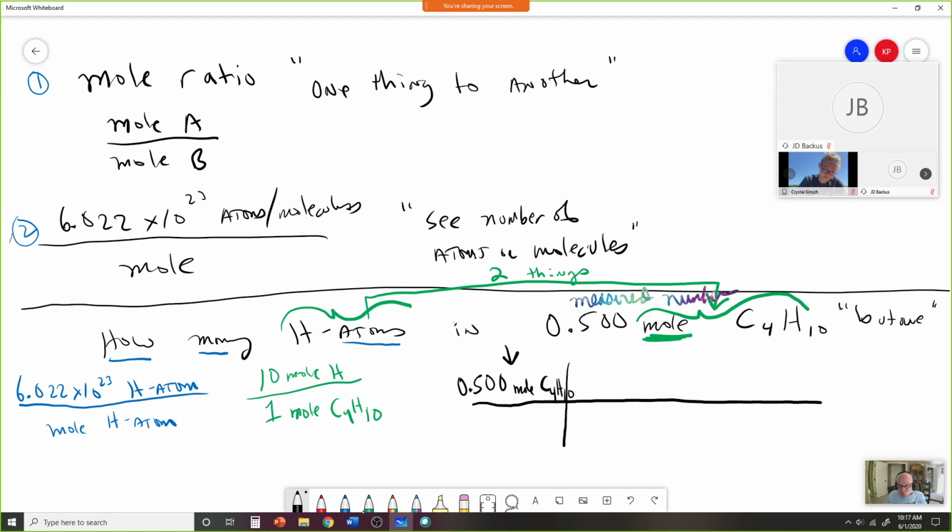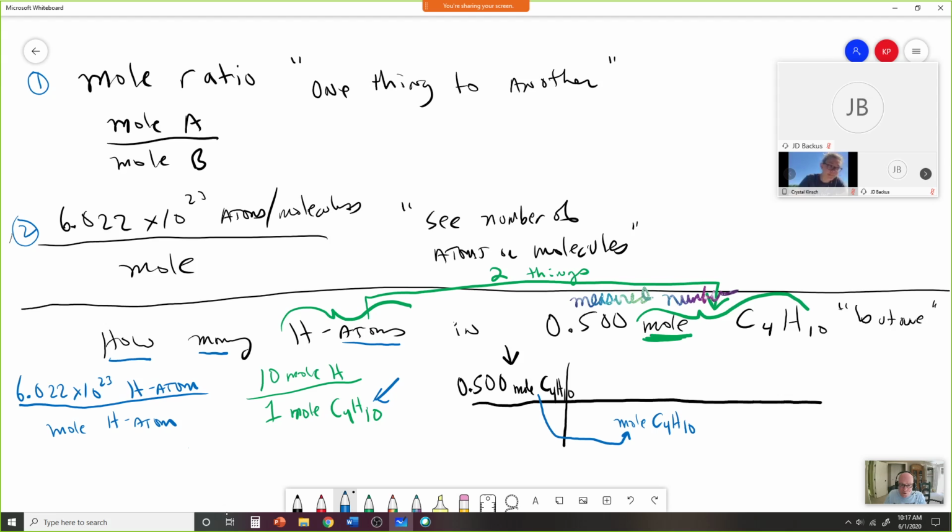And what do we match here? We match right here. The moles should go right there, shouldn't it? And so where do I see mole C4H10? And I look over here, and it's right there. There's my C4H10.